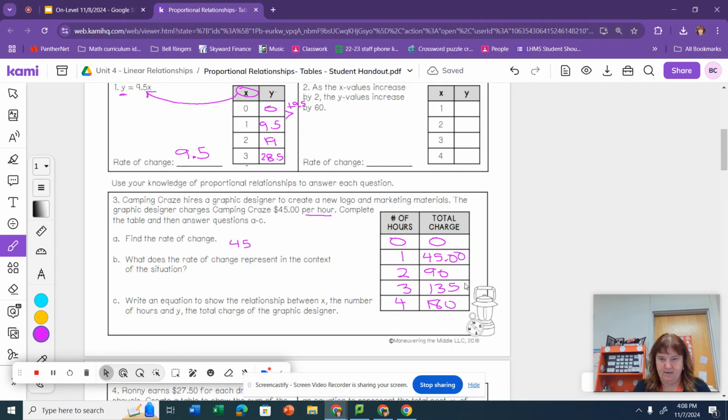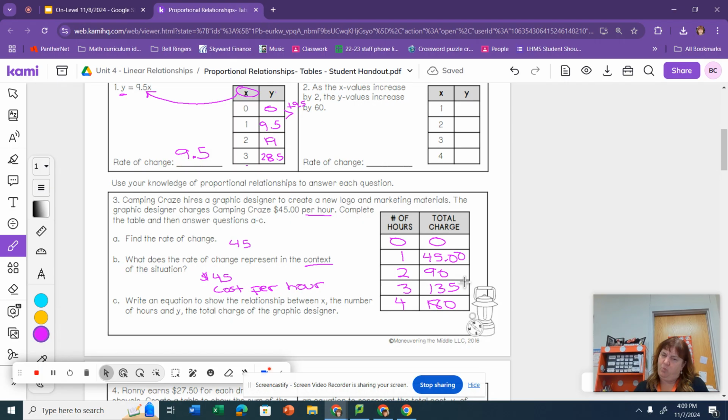Okay. What does the rate of change represent in this context? I'm going to let you answer that question. Did you get it right? The rate of change represents that it's $45 per hour. It's the cost per hour. That's what it represents.